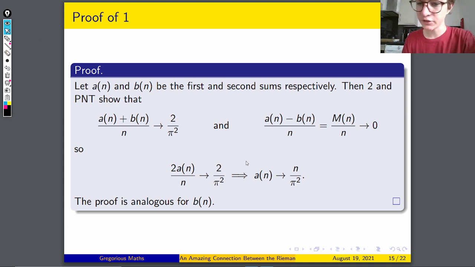And again, you can use the exact same reasoning for b of n. So that's just a taste of how you would study the asymptotic growth, and that's quite a neat argument, I'd say. And don't forget that this is indirectly studying the growth of the Mertens function, which is really important, of course.